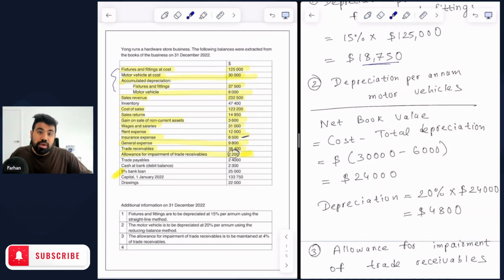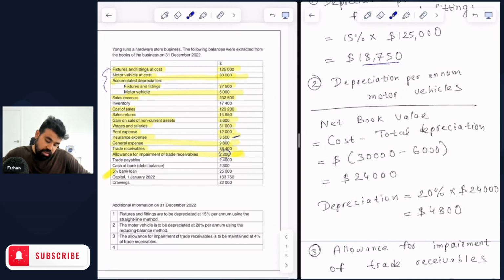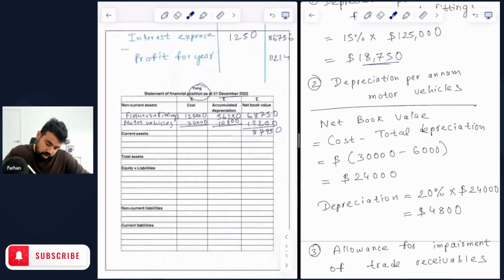This inventory will become old and obsolete, and the business will lose money. That is why we classify inventory as a current asset, because we want to get rid of it as quickly as possible and definitely within the next 12 months, in the next financial year. So inventory is 47,400 that we have to include here.